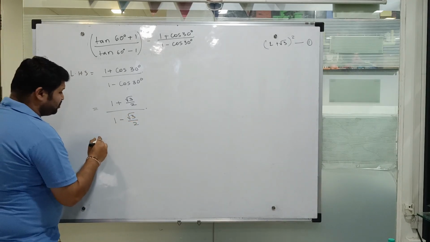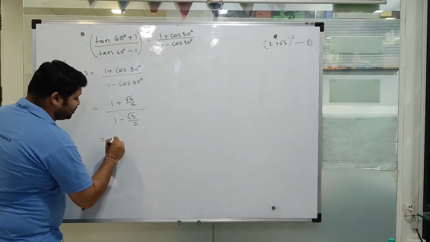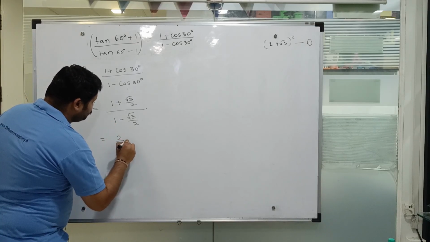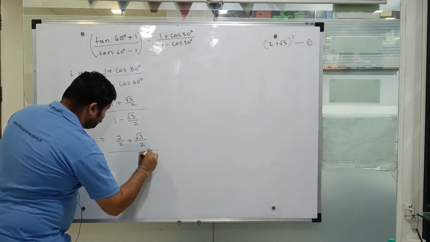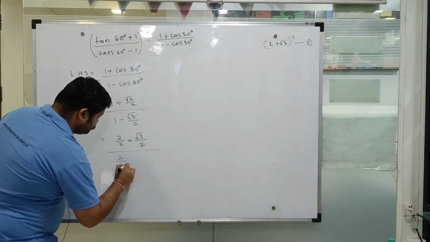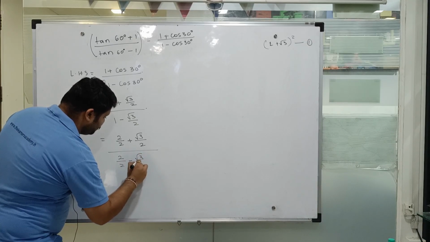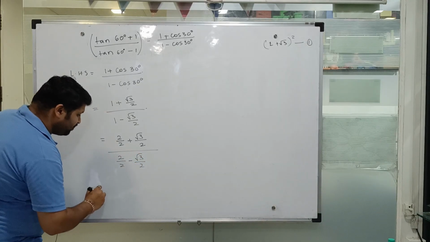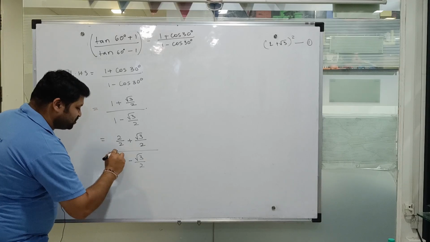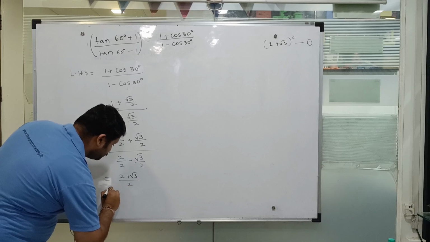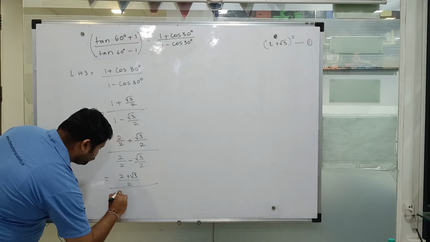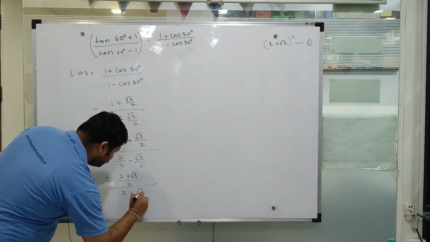Since the denominators are not the same, I'll have to make their denominators the same. So I'll get 2 plus root 3 by 2 divided by 2 minus root 3 by 2.